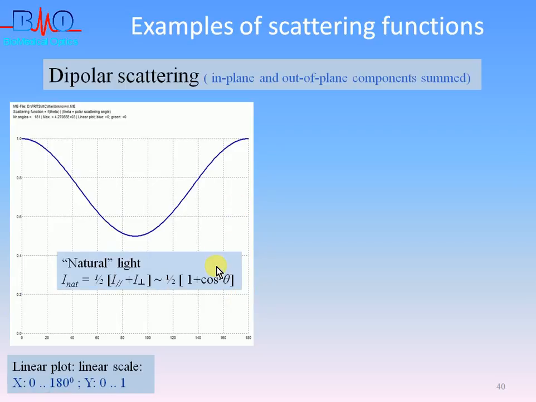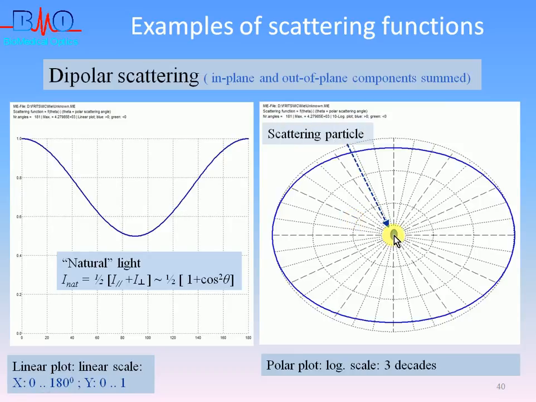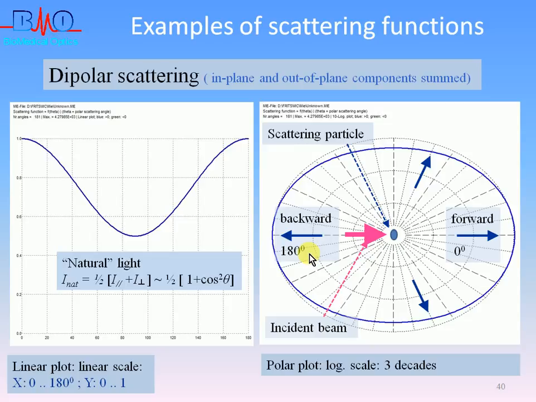And we use natural light, the average of both polarizations. This is a polar plot in 3 decades. Suppose here is the scattering particle, the incident beam is coming in from here, then there is scattering. Here is forward scattering at 0 degrees, and here we have backward scattering at 180 degrees.